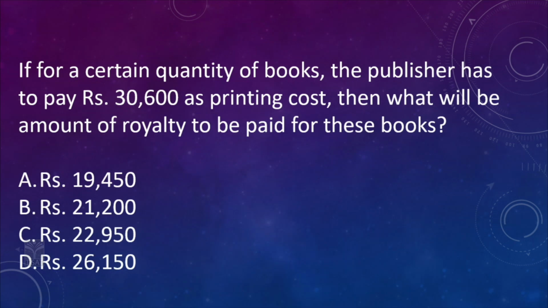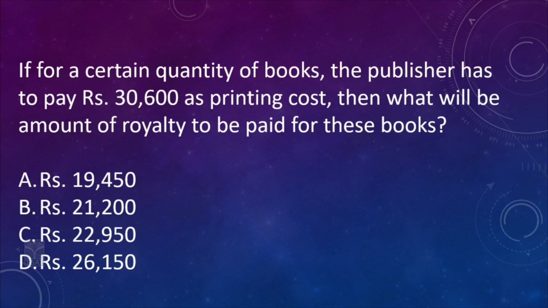If for a certain quantity of books, the publisher has to pay 30,600 rupees as a printing cost, then what will be the amount of the royalty to be paid for these books? So for example, printing cost is 30,600. How much royalty does he have to give?